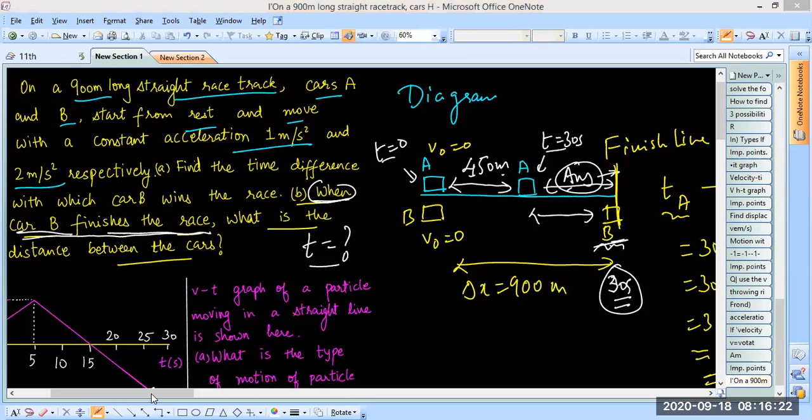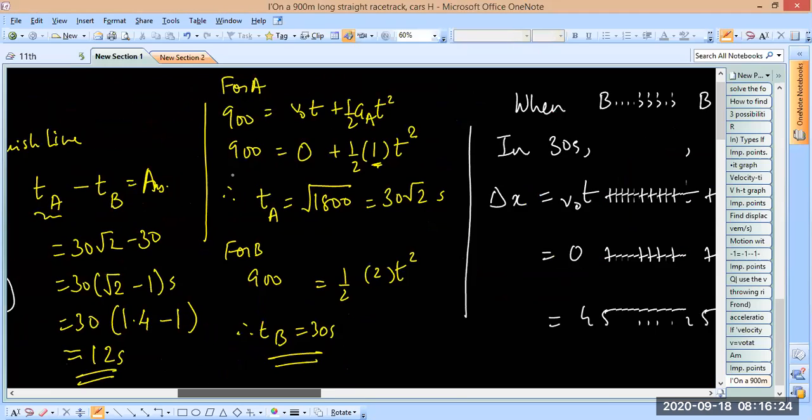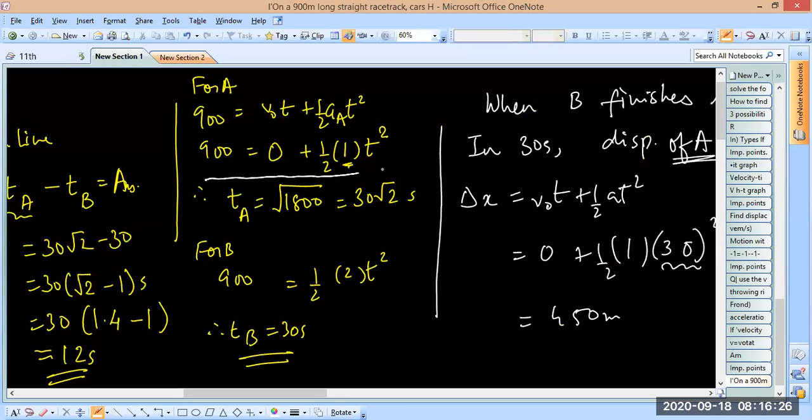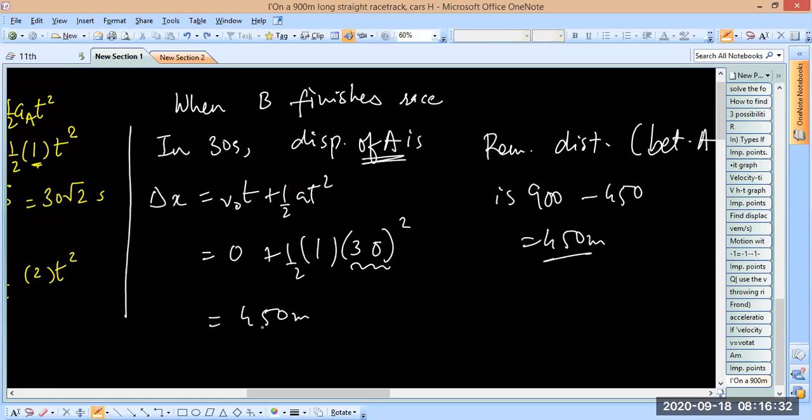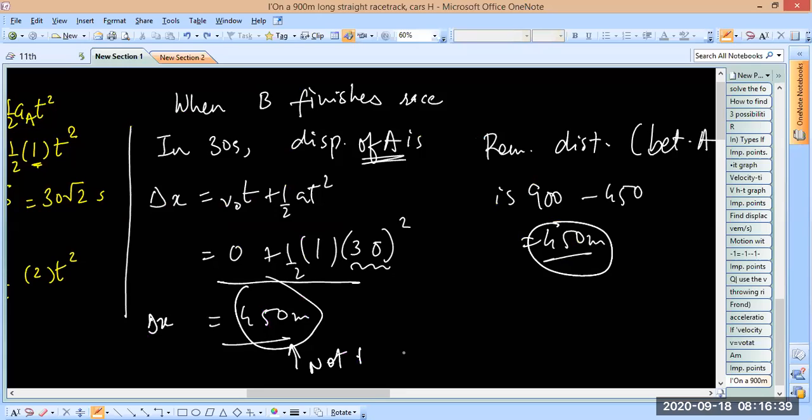This is what we have done. This is 450. Remember, although this is 450 and this is also 450, this is not the answer. I hope you realize why. Because this is only the displacement of A from here to here. That was never the question.